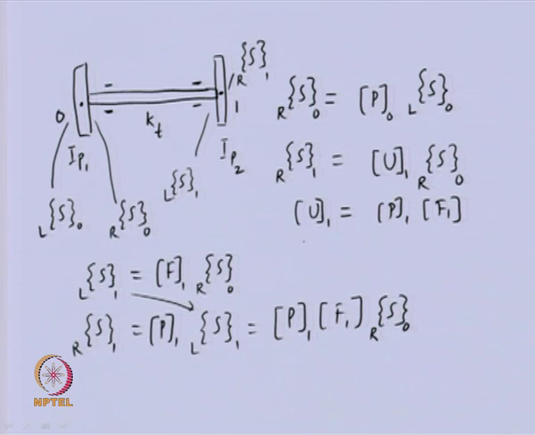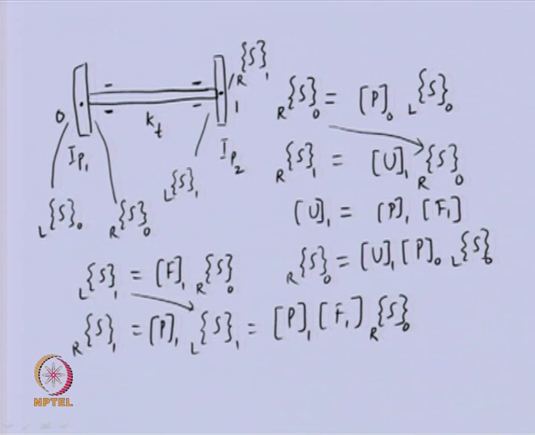Here we can substitute this, so we get the state vector right of 1 as U1 into P0 into S left of 0. Basically, we substituted the first equation into the second equation here, and we got this particular thing.